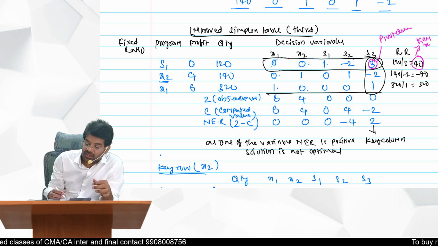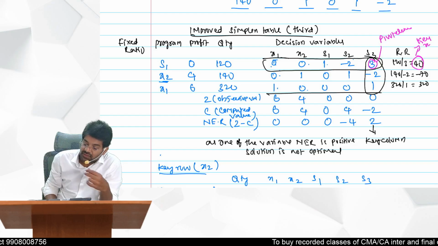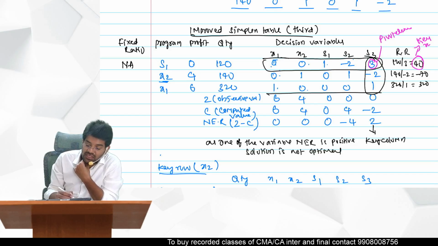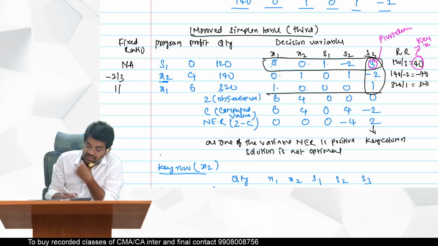How do you get the fixed ratio here? Key column element divided by your pivot element. For the key row we don't calculate the fixed ratio; for non-key rows only we calculate. So minus 2 divided by 3, here 1 divided by 3.